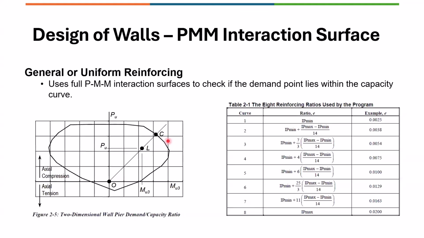As long as this is less than 1 or the specified limit, which is 0.95 by default, the design is safe. Else the program will report it is overstressed. This is the same for both uniform and general reinforcing.